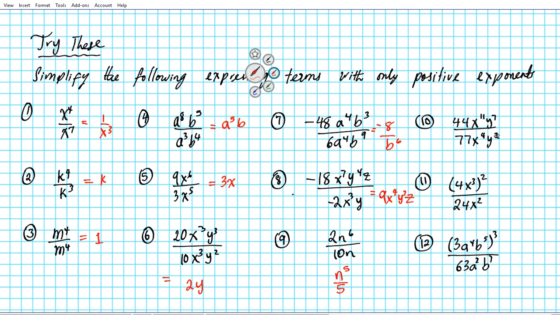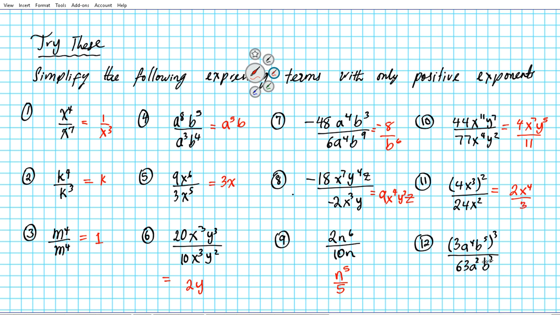For number 10, the answer is 4x to the seventh, y to the fifth divided by 11. For number 11, the answer is 2x to the fourth over 3.